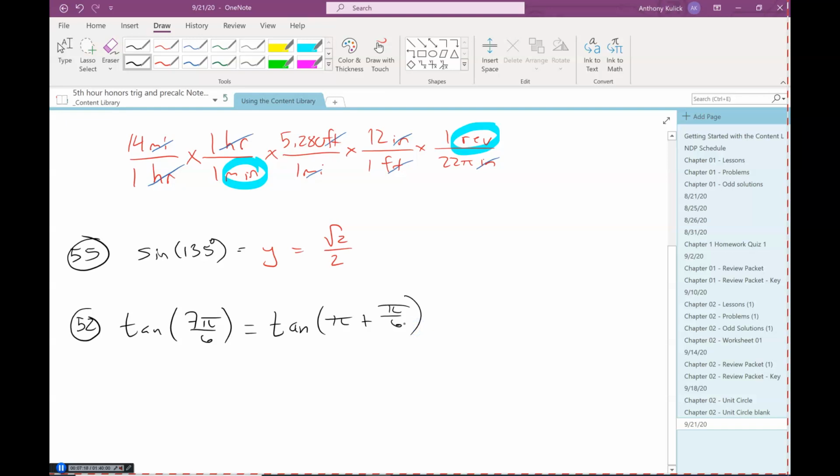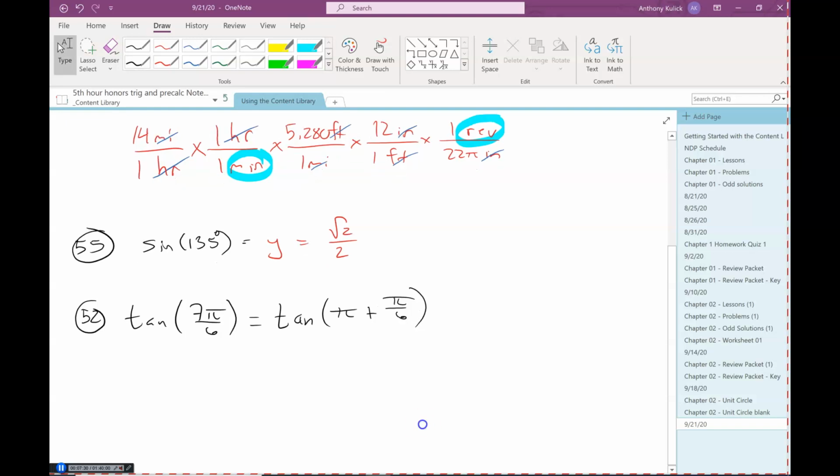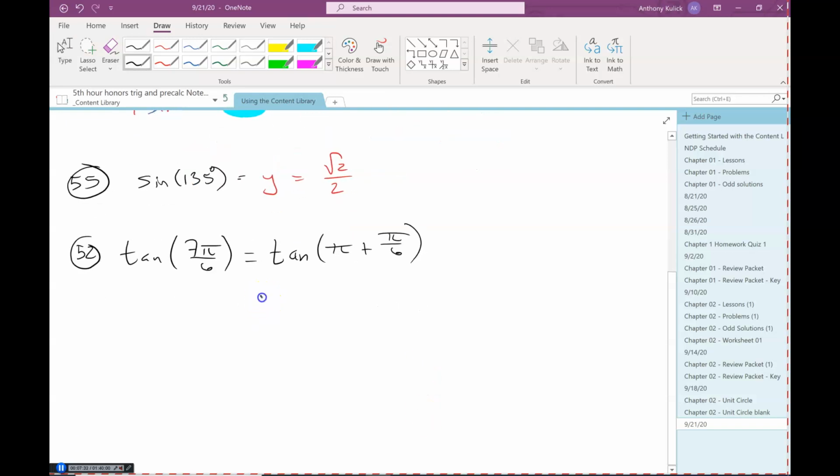Is everybody okay with that idea? It's basically 7/6 is 1 1/6. 7 pi over 6 is 1 pi and then 1 pi over 6, right? So I'm going to draw that angle of pi plus pi over 6. So if I remember, we said that pi over 2 is basically 90 degrees.